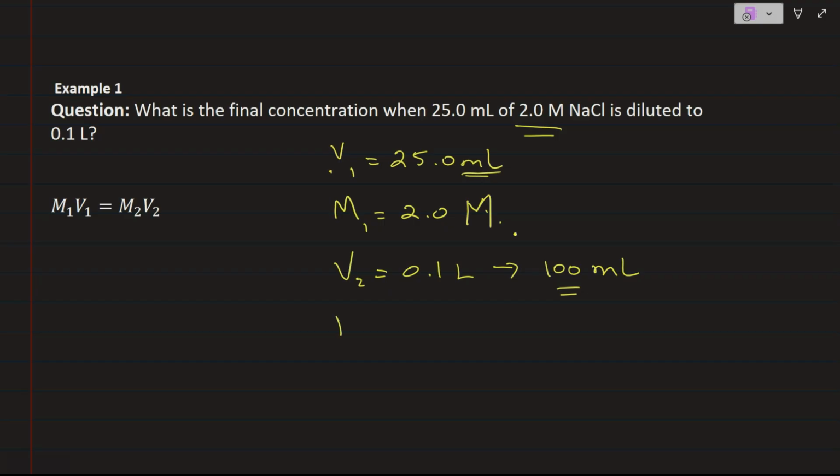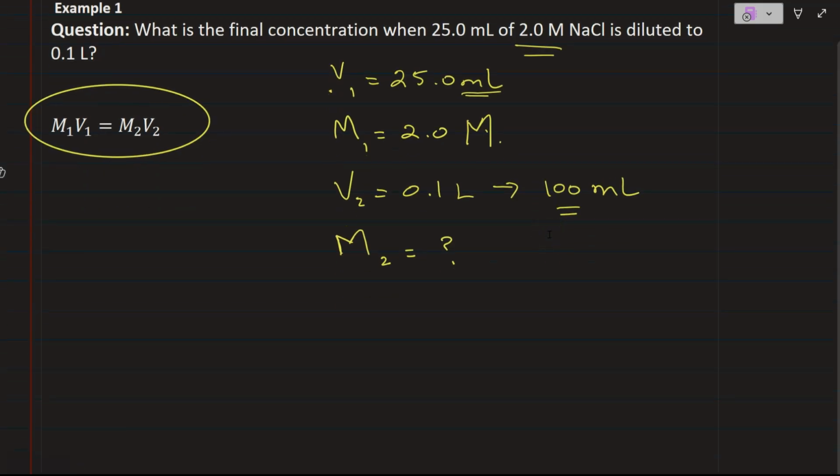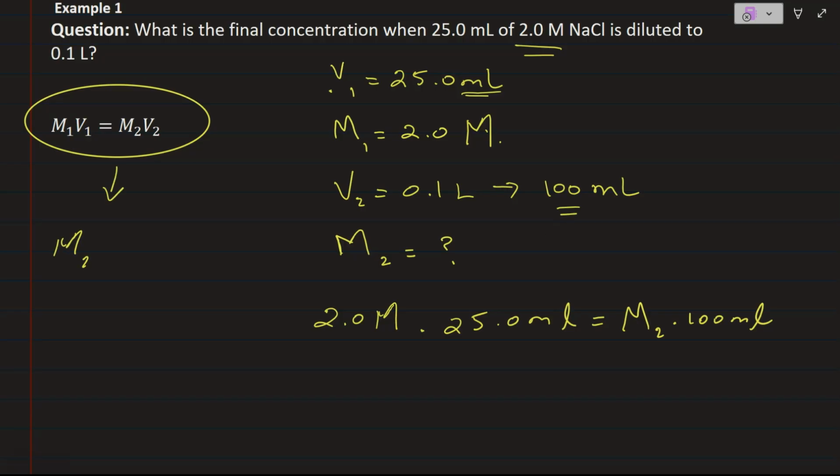All right, we want to know the new molar concentration, M2. What is that equal to? We're going to use the dilution formula. We have 2.0 M times 25.0 milliliter equals M2 times 100 milliliter. We're solving for M2, so you just divide both sides of that equation by V2.